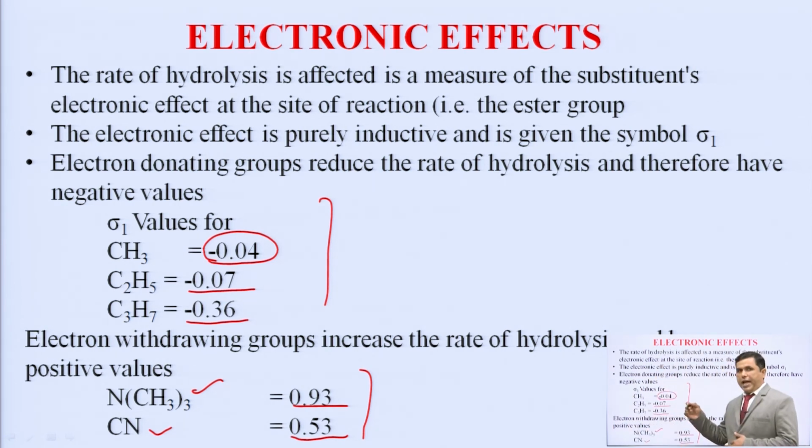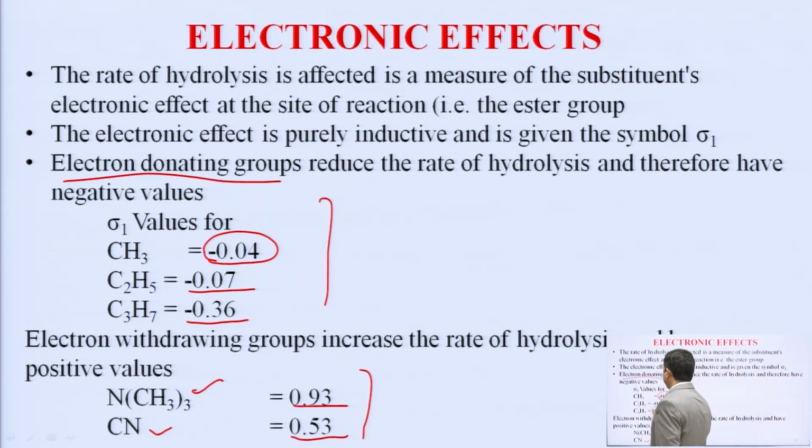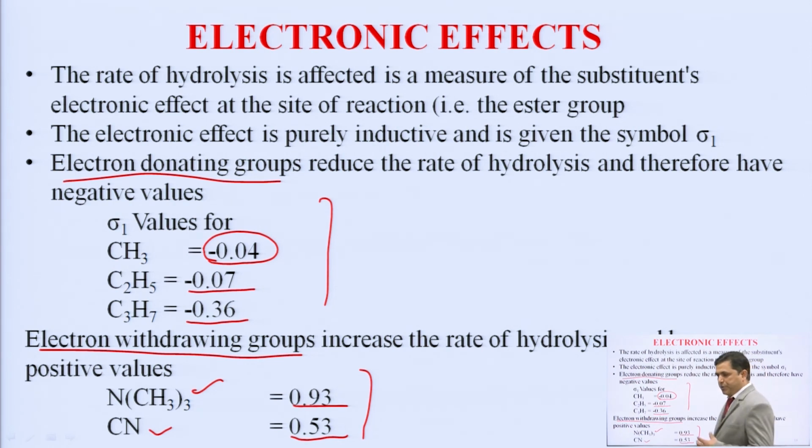The types of substituents are electron donating groups and electron withdrawing groups. The electron withdrawing groups increase the rate of hydrolysis. If our requirement is to increase the rate of hydrolysis, we have to choose the positive value substituents.